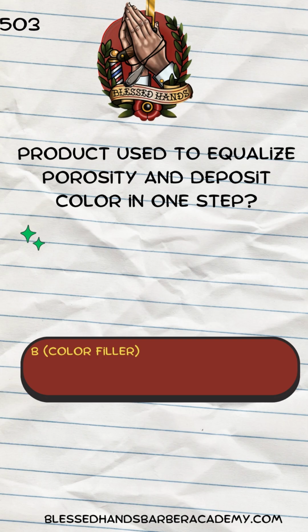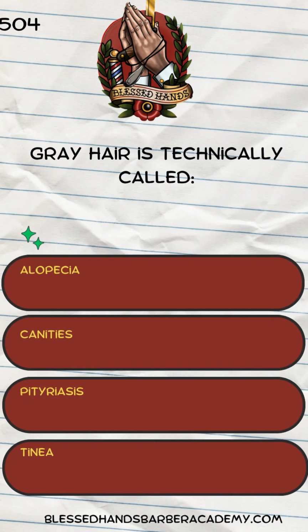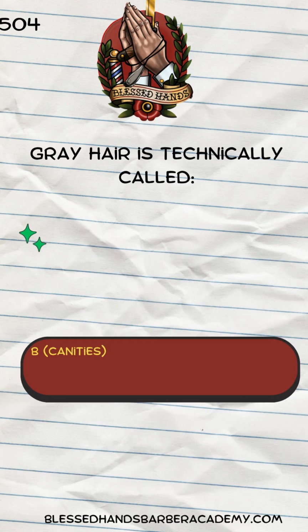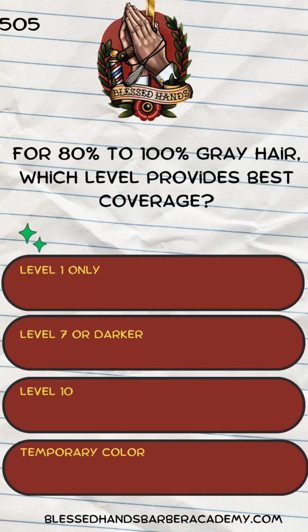B. Color filler. Gray hair is technically called alopecia, canites, pityriasis, tinea. B. Canites. For 80% to 100% gray hair, which level provides best coverage? Level 1 only? Level 7 or darker? Level 10. Temporary color.